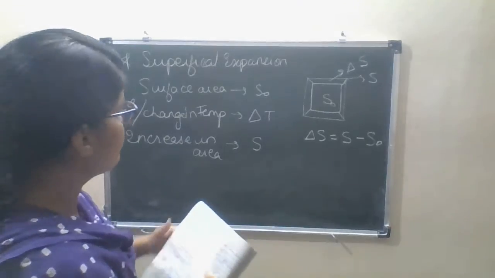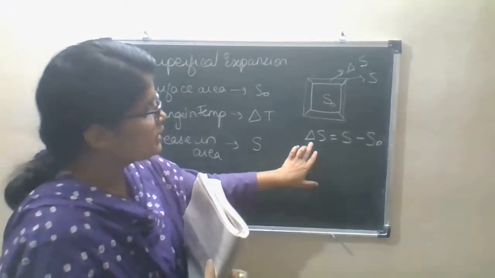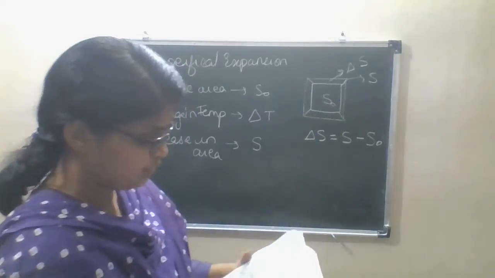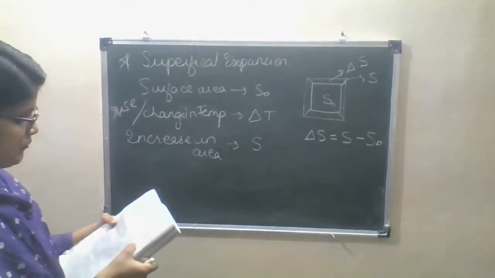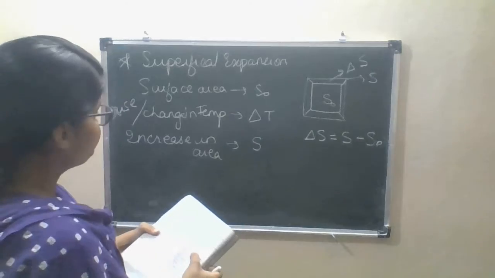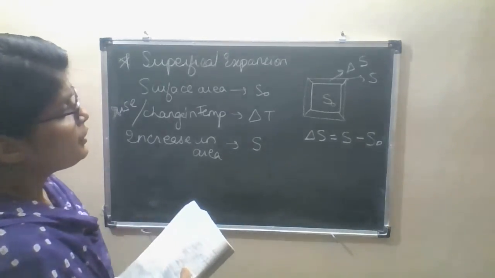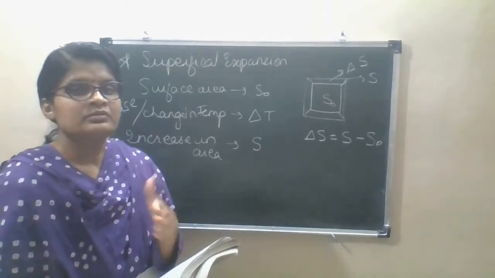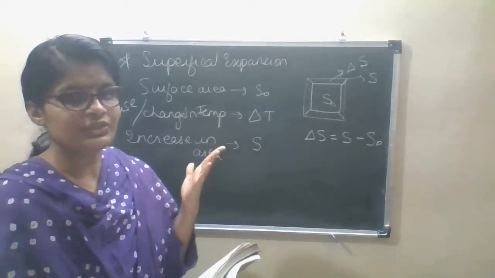Then delta S is nothing but the increase in the surface area, and that is given by S minus S0. We know this very well. So now from this we also came to know that it is proportional to the change in temperature and its original area.